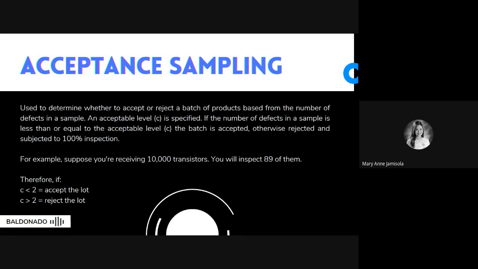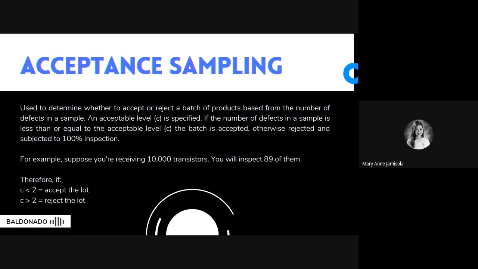So an acceptable level is specified. So for example, our acceptable level of defects is, let's say, 100 units. So if the number of defects in a sample is less than or equal to the acceptable level, the batch is accepted, otherwise rejected and subjected to 100% inspection.